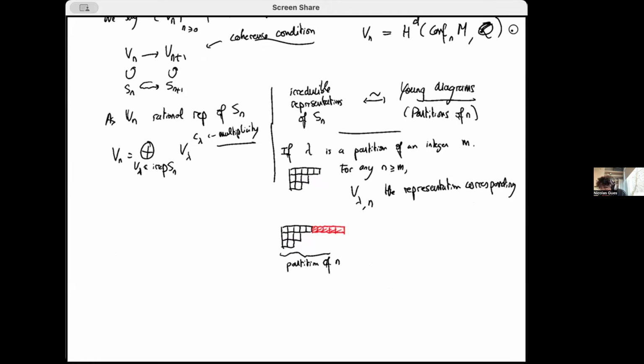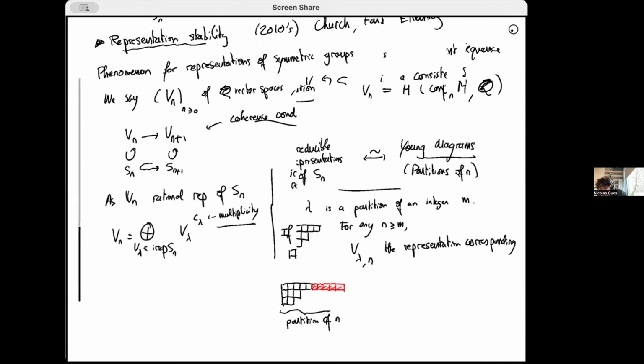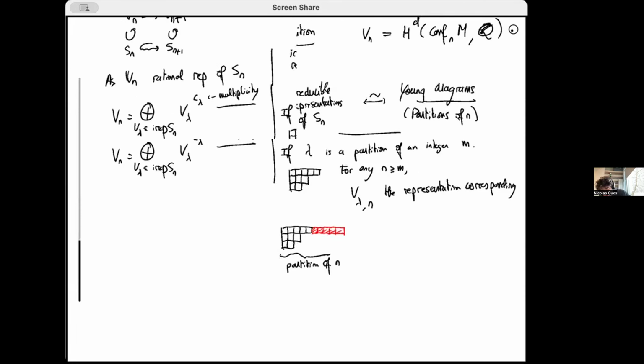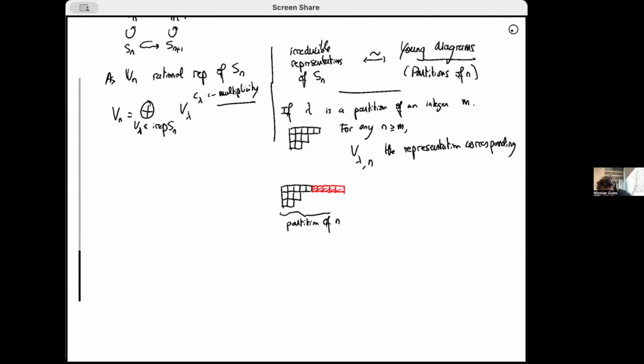And the phenomenon that was noticed for many families of representations is the following. So theorem. So let's say I want to state it slightly sloppily. Let's say it's a meta theorem, because it applies to a lot of things.